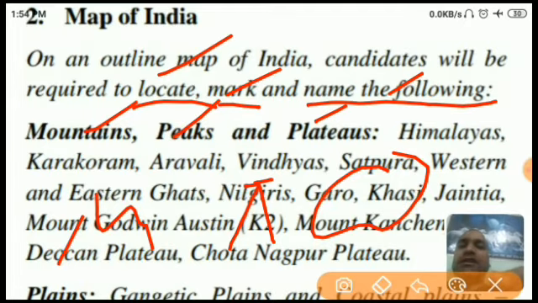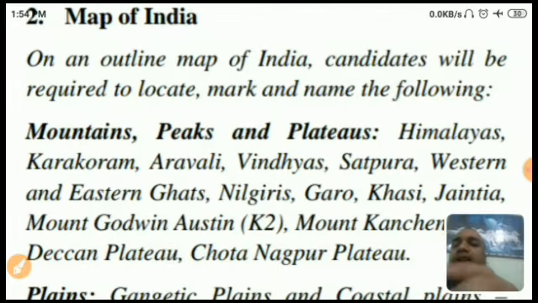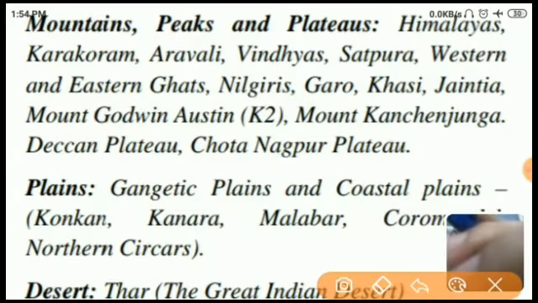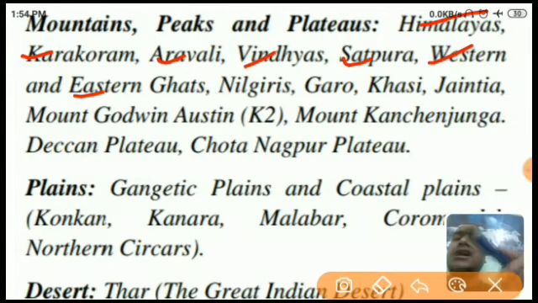Now see what names we have to locate. In the mountains we have to see the Himalayas, Karakoram, Aravali, Vindhyas, Satpura, Western and Eastern Ghats, Nilgiris, Garo, Khasi, Jaintia.